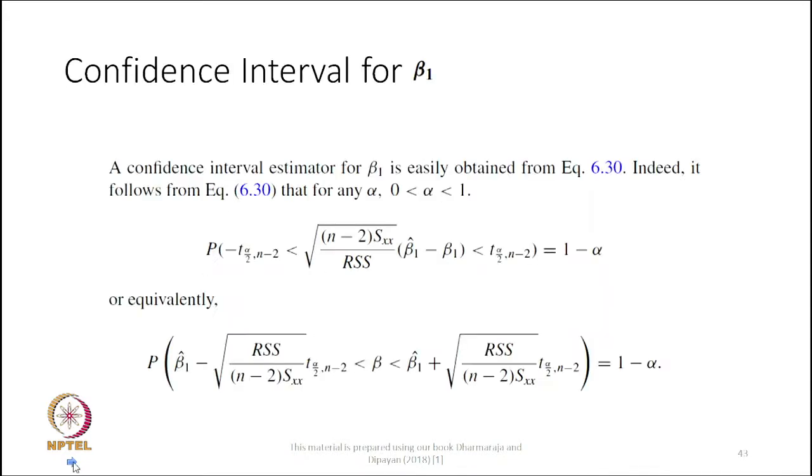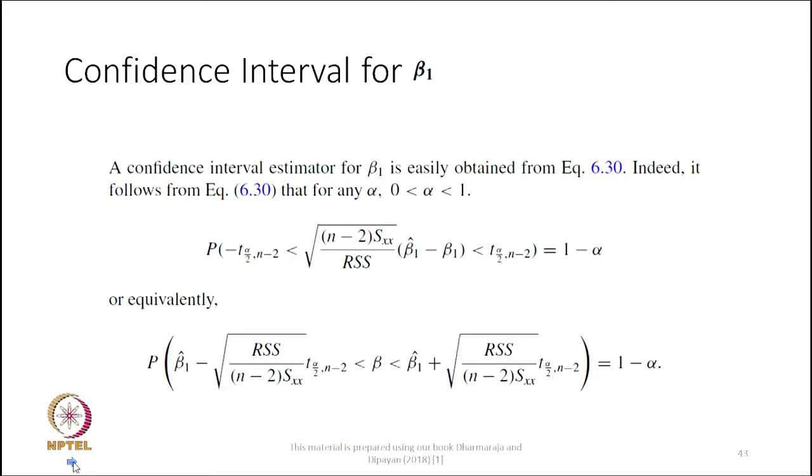Now, we are discussing the confidence interval for beta 1 cap. The confidence interval estimator for beta 1 is easily obtained from equation 6.30, which is already there. If you go back, you can find equation 6.30 in the previous slides.